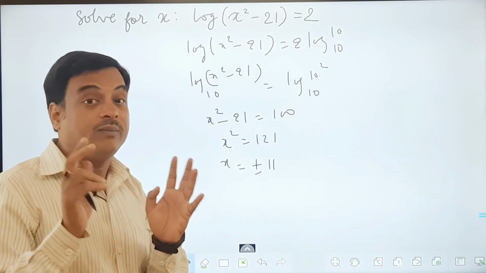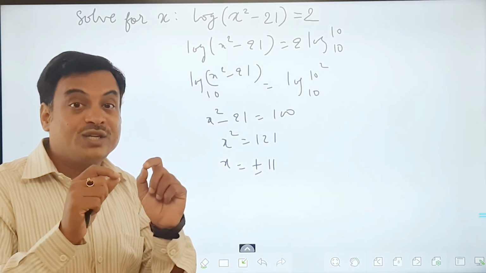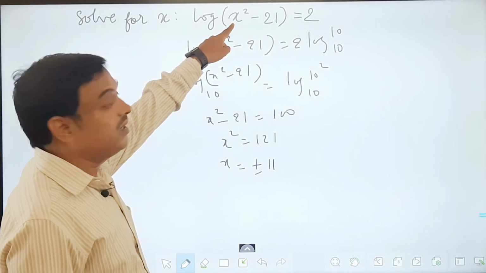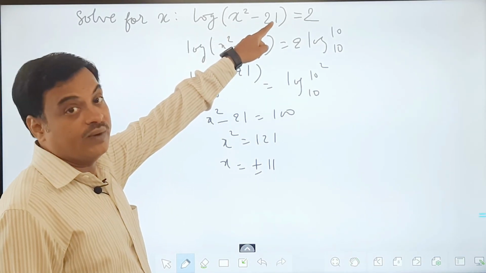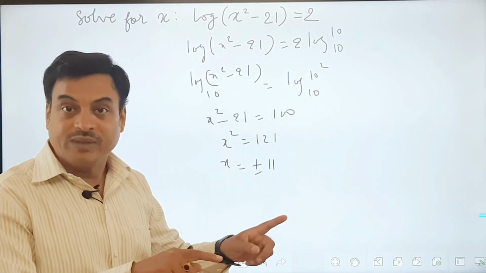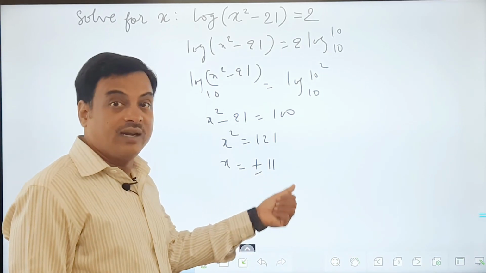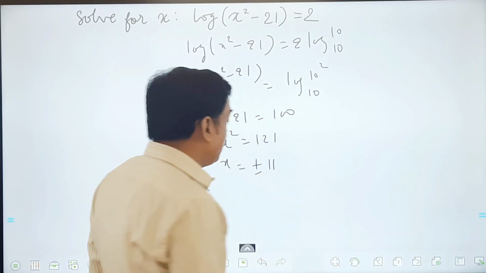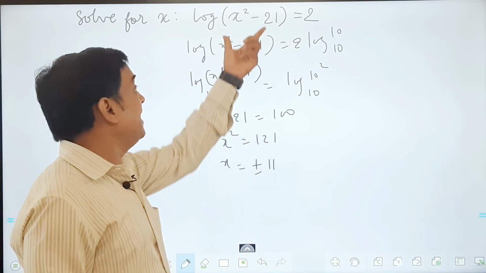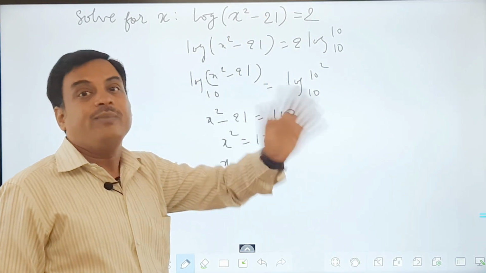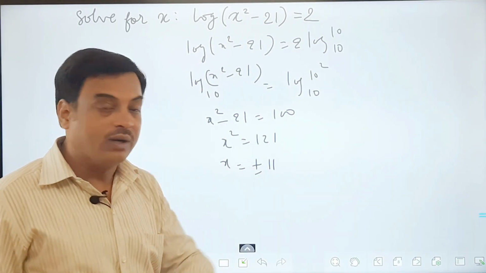Remember, logarithm is applied only on positive numbers. So if I take plus 11 here, this is 121 minus 121. Minus 11 also gives you the same thing. So it can be plus or minus 11, valid answer. Okay. So sometimes what happens, minus 11 may give you a negative value for this bracket. So logarithm is not defined for negative values, that we need to remember in this case.